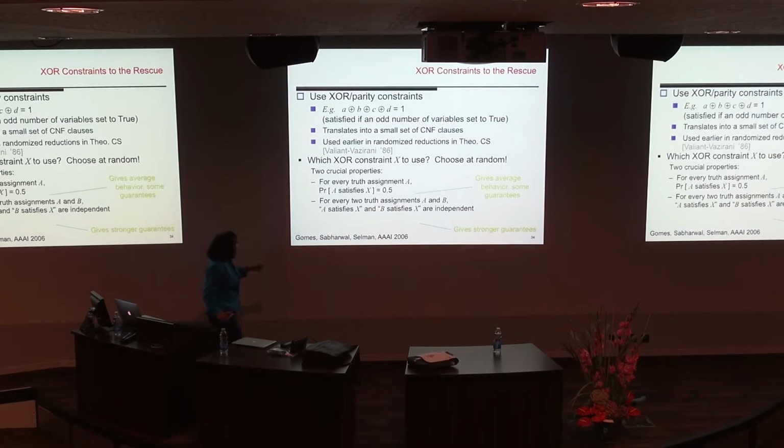And as long as a truth assignment satisfies my XOR constraint with probability 0.5, and the constraints are mutually independent, I can produce interesting results with some guarantees.